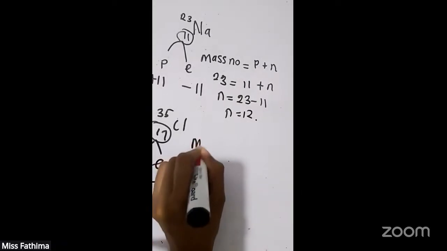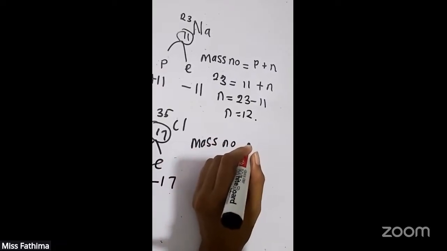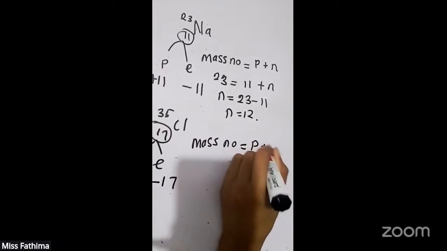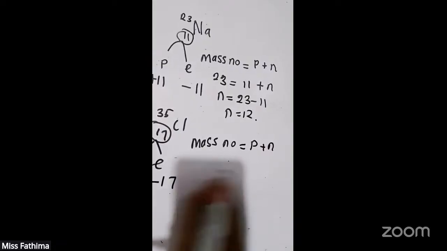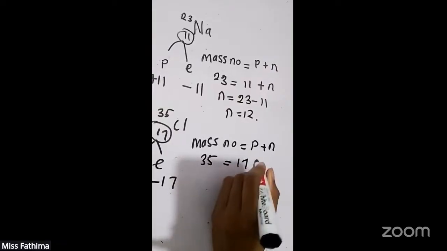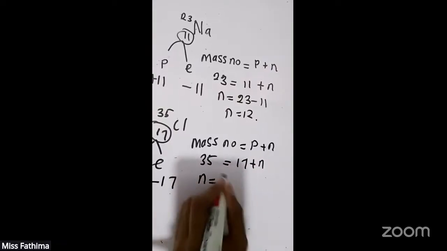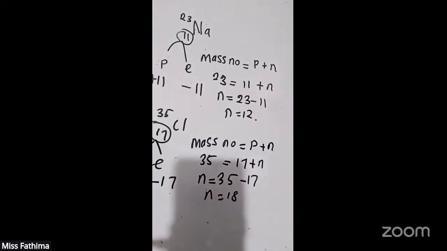For the number of neutrons, mass number equals proton number plus neutrons. So mass number is 35, proton is 17 plus n. n is equal to 35 minus 17, then n is equal to 18.